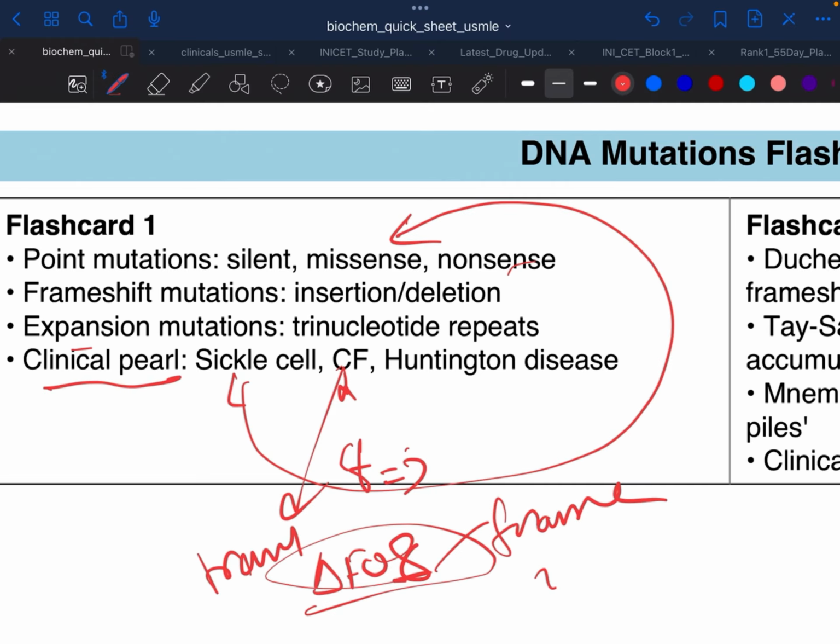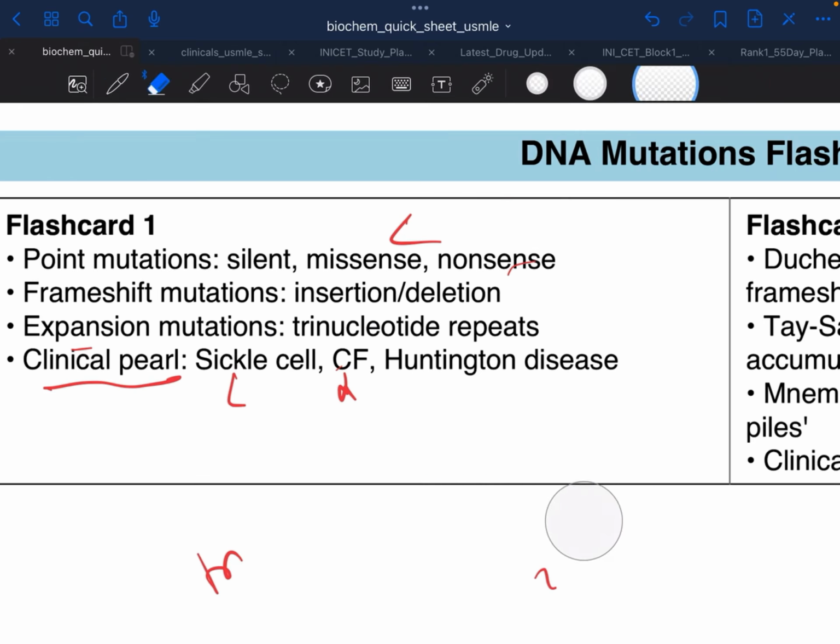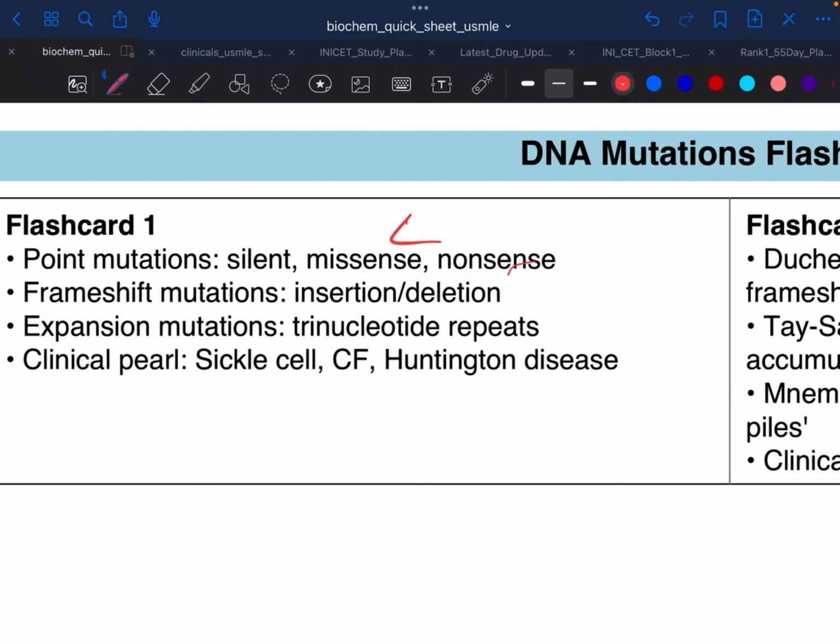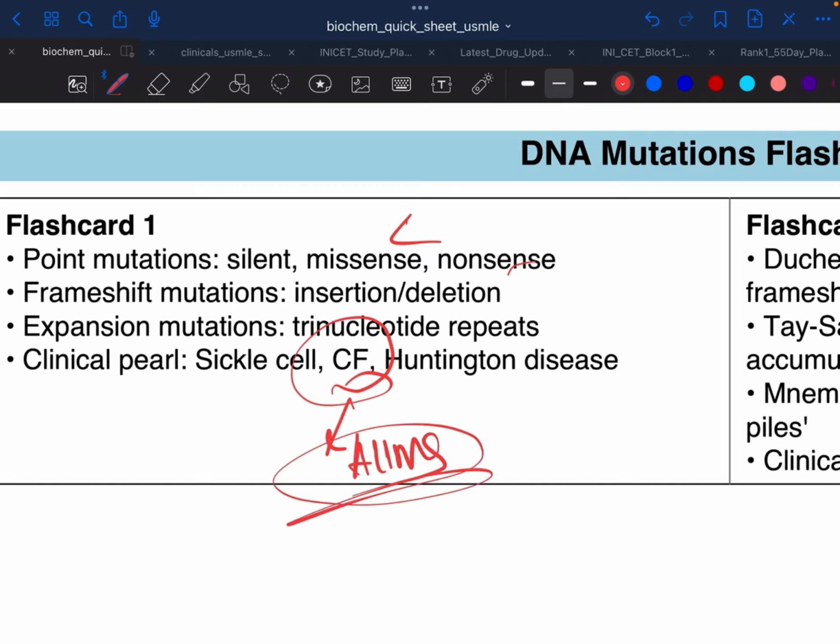And one thing you should also remember, later I will tell in RNA transcription that alternative splicing occurs in cystic fibrosis also, so a different protein is formed also. So cystic fibrosis has so many pathophysiology, and we have to understand it in core. Okay, AIIMS loves this cystic fibrosis topic. Okay, so frame shift mutation can happen in cystic fibrosis. So you should understand this.